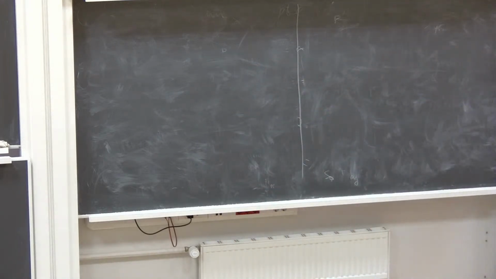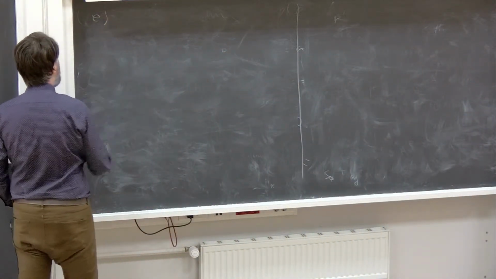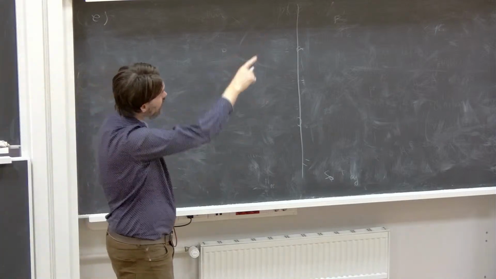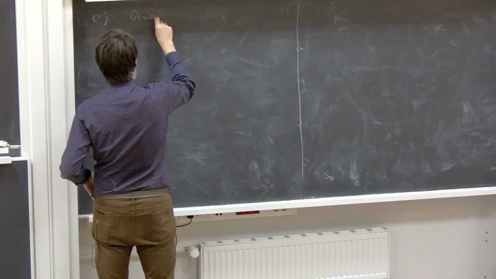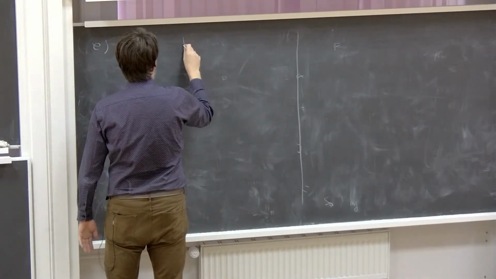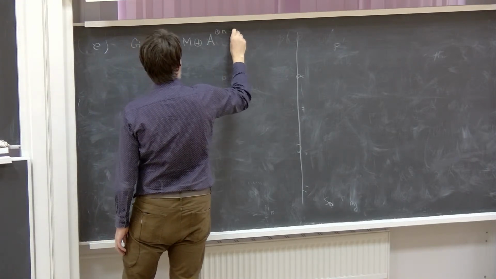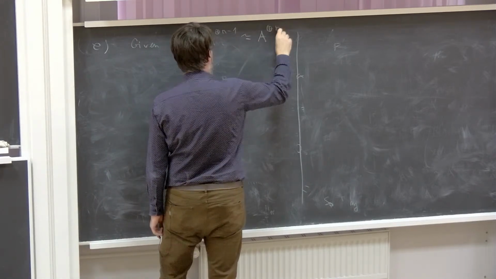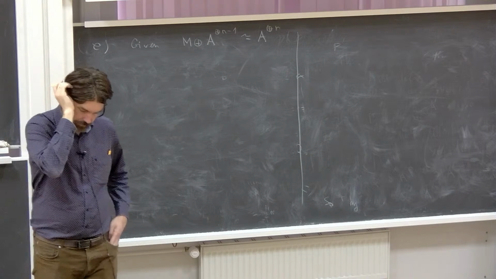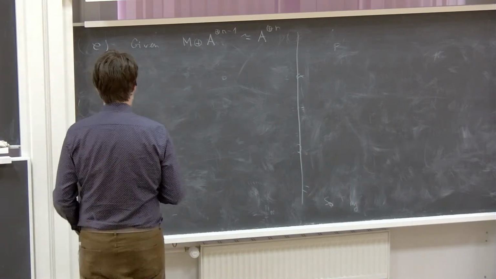Let's try now fact E. So fact E, suppose I have an isomorphism like this. So given an isomorphism of M plus A^(n-1) copies isomorphic to n copies of A, we're going to take wedge powers of both sides.